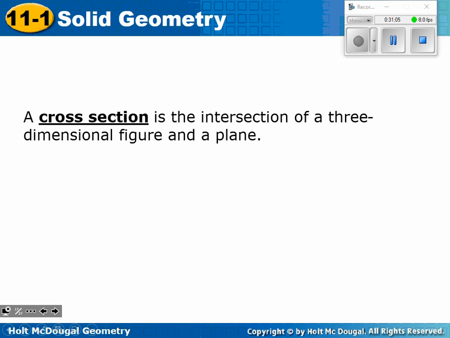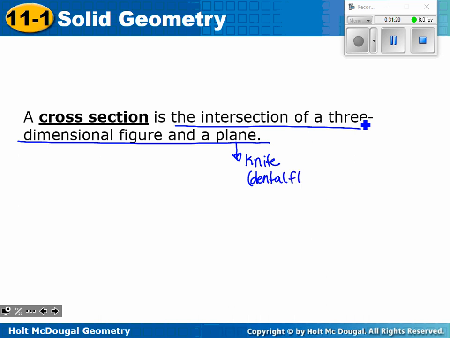So a cross section is the intersection of a three-dimensional figure and a plane. So the plane, when I'm talking about your knife, is like your plane or your dental floss. Okay, so when we're talking about actually physically doing it, you'll take your three-dimensional shape. So for example, what is this again? Square prism.